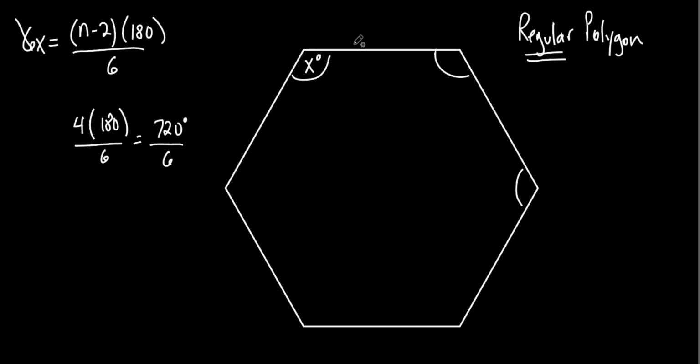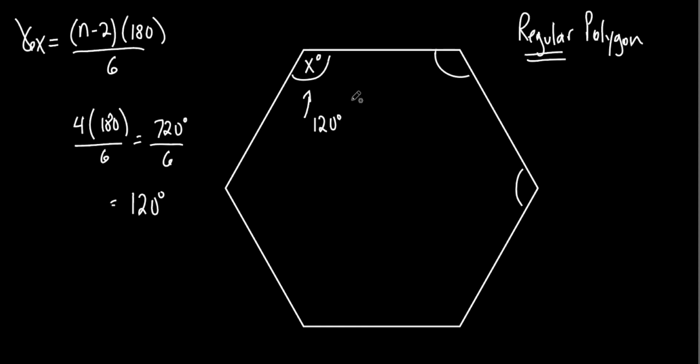The 720 means all 6 of those angles add up to 720 degrees, correct? So if I want to find each one of them and they're all exactly the same, I just divide it by 6. So what's 720 divided by 6? What's 72 divided by 6? It's 12, right? So it's 120. So each of these angles is 120 degrees, okay?